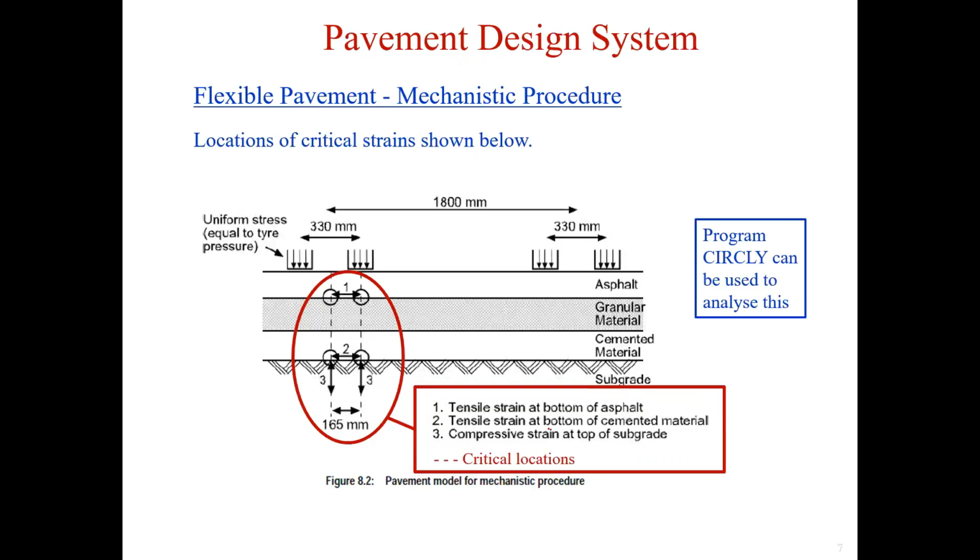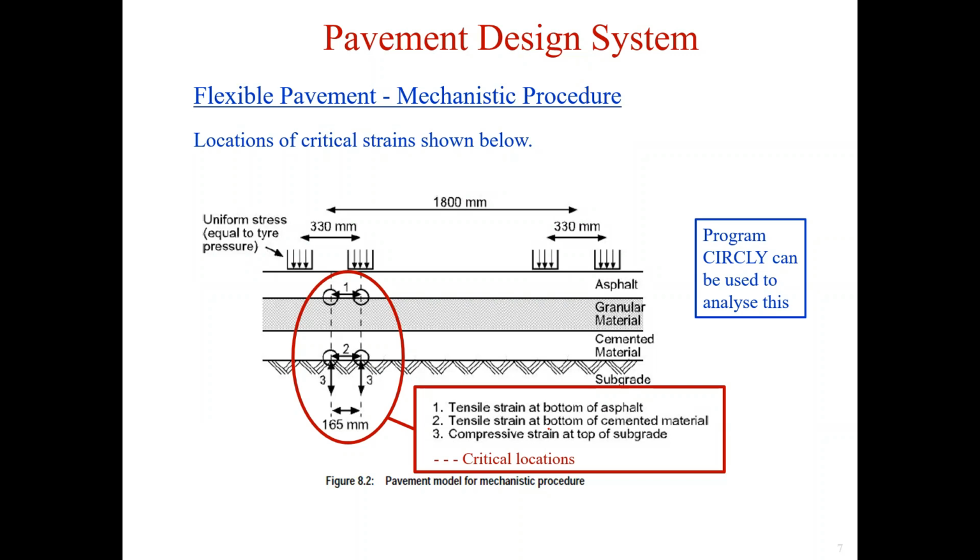The design procedure is based on the structural analysis of multi-layer pavement subject to normal traffic loading. The critical locations of the strains within a flexible pavement model and the idealized loading situation are shown in this figure 8.2.